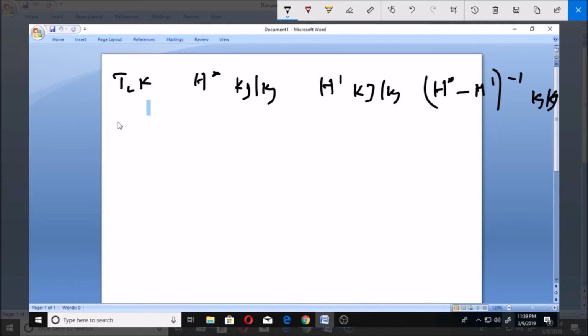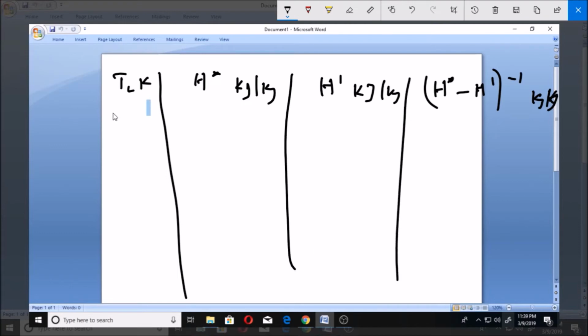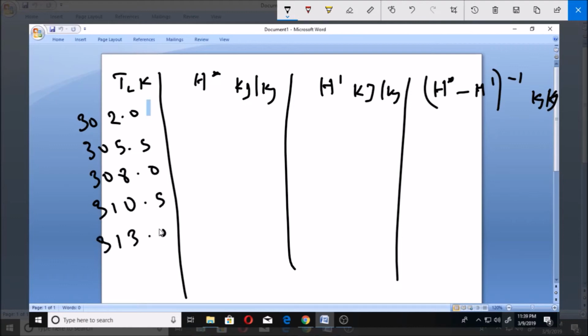So these values we are going to pick: we're going to pick values from 302.0, 305.5, 308.0, 310.5, 313.0, 315.5, 318.0, and find the corresponding H equilibrium.